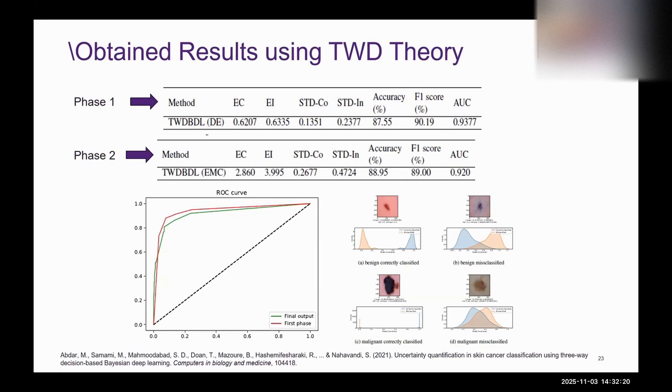For example, here, because we had two stages, we were happy to have less accuracy but more confidence. I wanted to be very tough regarding the predictions. In our next papers, I will show you that even when we had the uncertainty quantified, we could improve the performance as well. The accuracy has been improved.